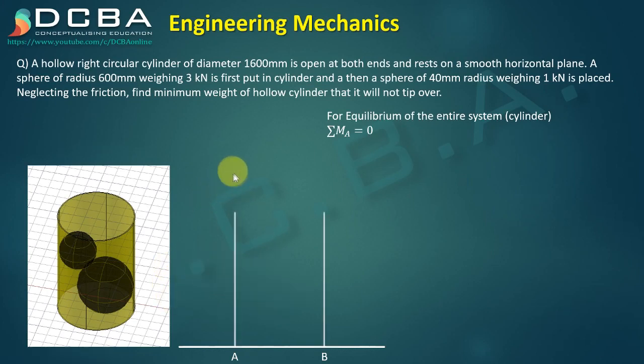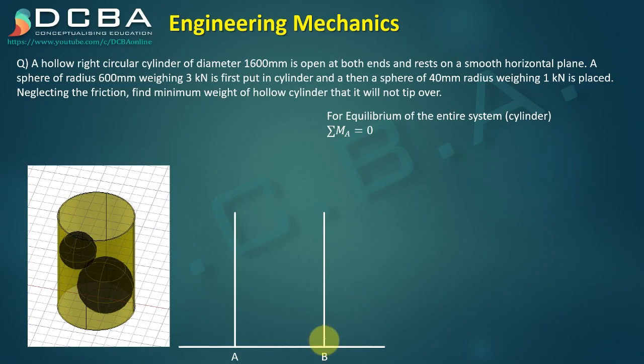Now we need to find the minimum weight. Minimum weight means that it is absolutely the minimum one, where at this point B the cylinder just starts tipping, but it does not tip over exactly. Means the cylinder just starts tilting, but it maintains its equilibrium there itself.